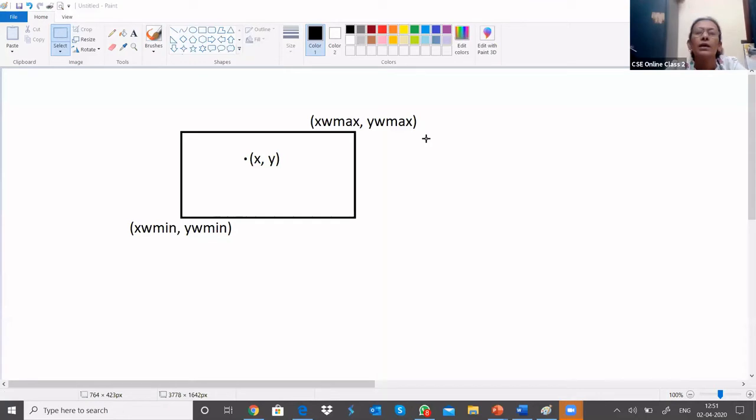Say this is the clipping window that we have, defined by XW min, YW min, XW max, YW max. Then how do you say that a point (X, Y) is inside the clipping window?